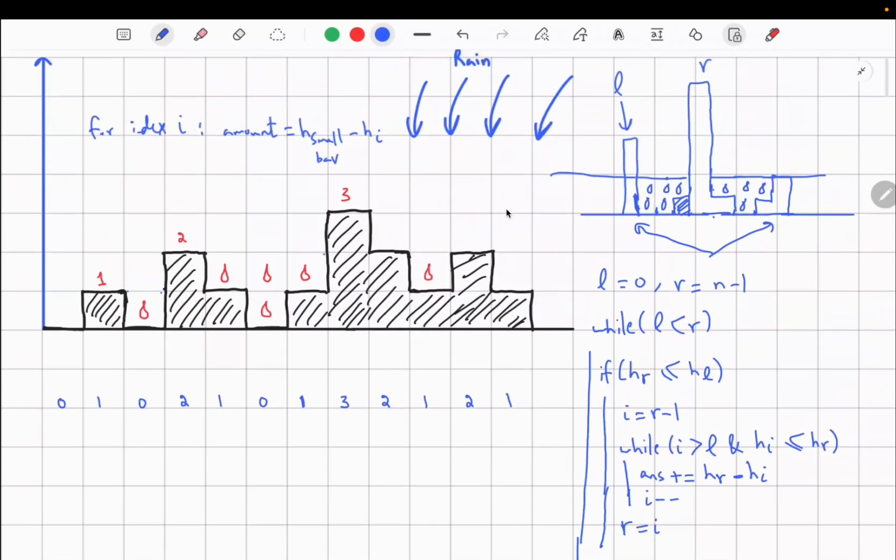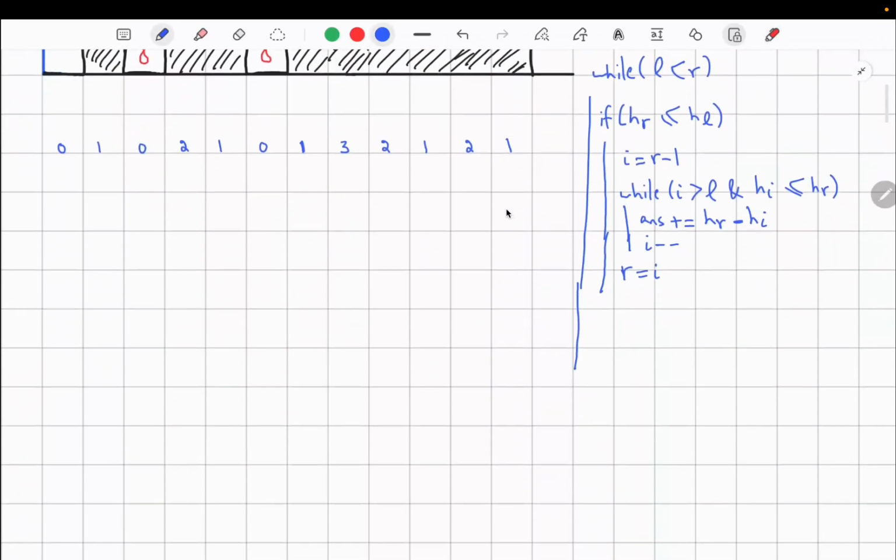So while left is less than right, we compare the left and right again because we changed the position of the right. So is this condition correct? Is hr less than hl, height to the right less than height to the left? No, the right is larger than the left. So we should put an else.